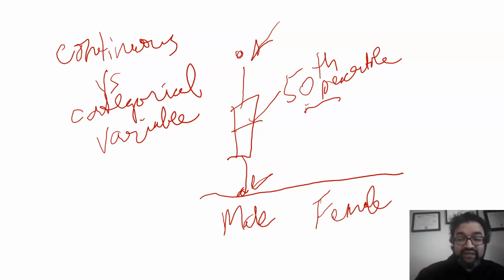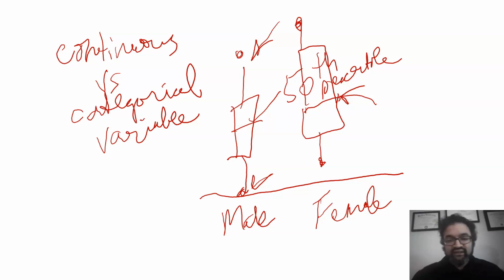So if you were to have a box plot, then this is the mean 50th for females. So then you can do the comparison in age between females and males. So this is one way that you can have a continuous versus categorical variable.